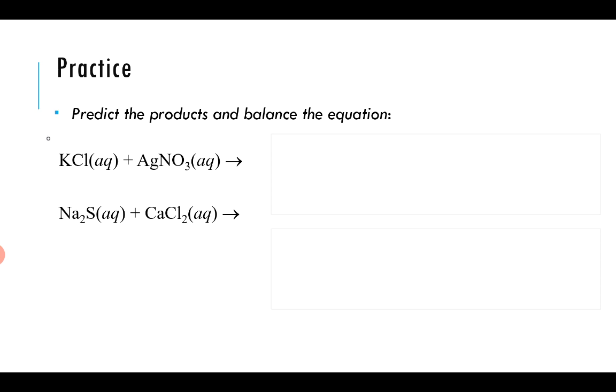Before we predict the products, we should identify what reaction pattern we think it's going to follow. And so I see AB plus CD, and so this is a double displacement pattern. Both of these are double displacement patterns.